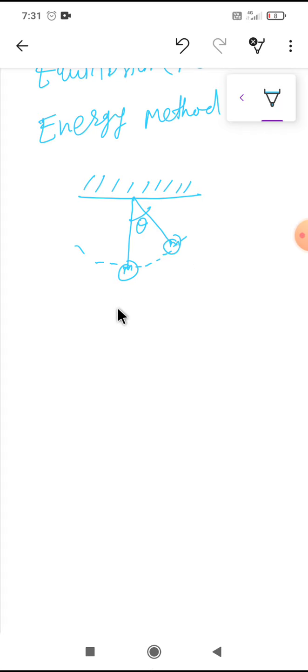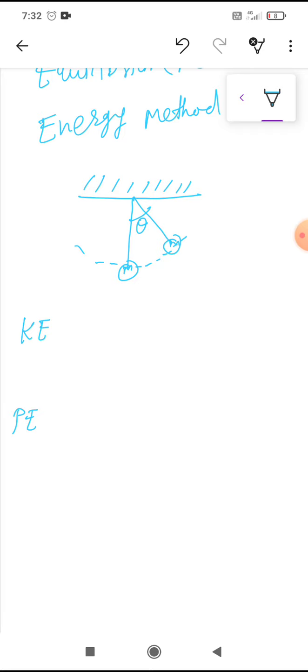Here for the energy method we need to find the kinetic energy and potential energy of the system, and then we sum both the energies, differentiate it and equate it to zero. So we will get the equation of motion. What is the kinetic energy?